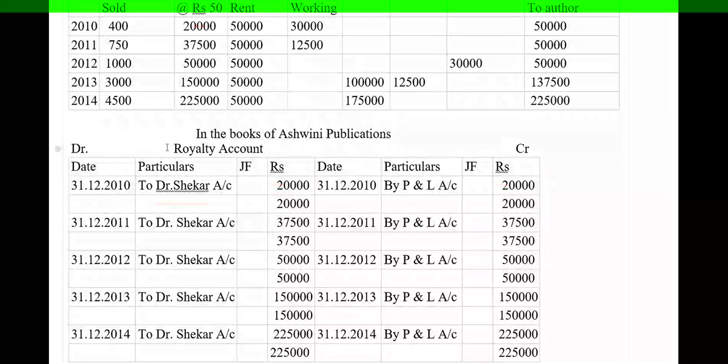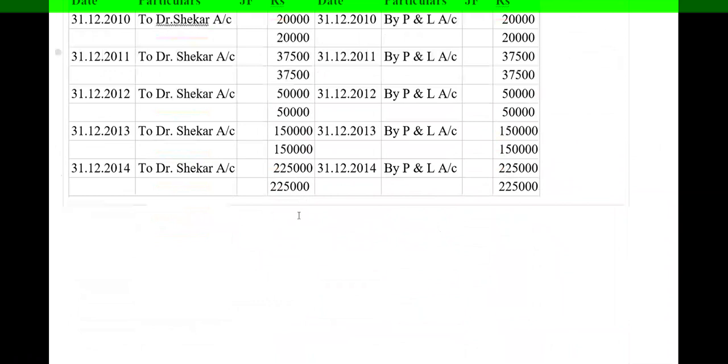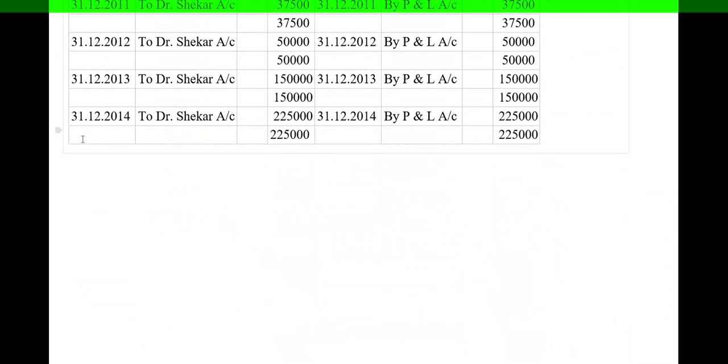Now let me center align here. So this is how we should prepare the royalty account. The next one we need to prepare is Dr. Shekhar's account, or author's account.